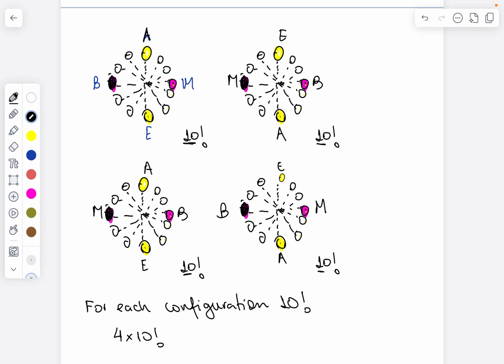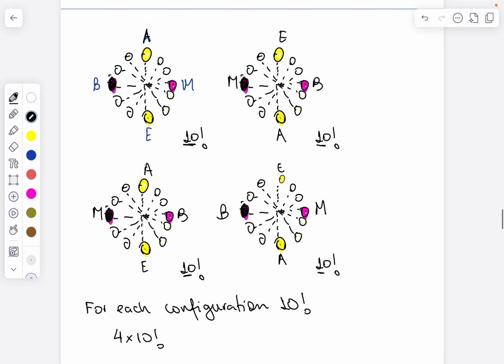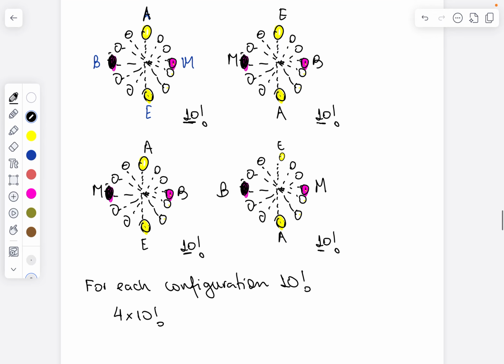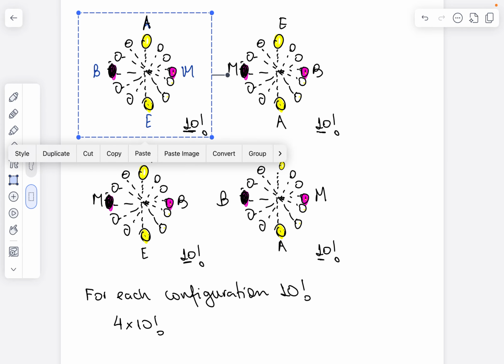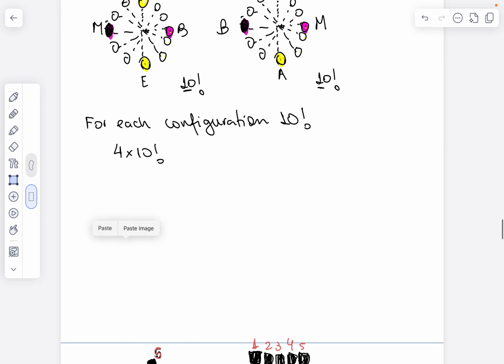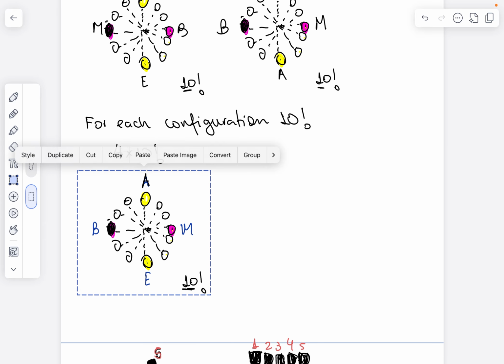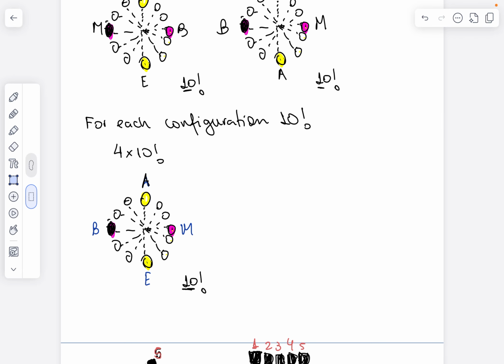Cool. So now, how many configurations can I sit down these girls, okay? So you can think about this. Let me copy again. You can see that the AE pair is jumping two seats from BM, right? So you have 2 available seats.